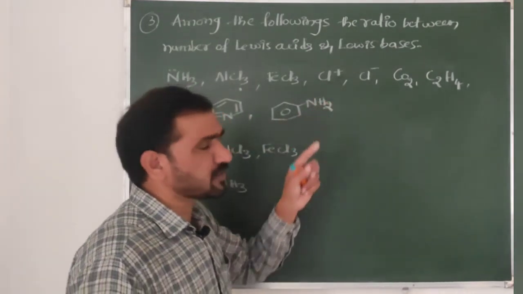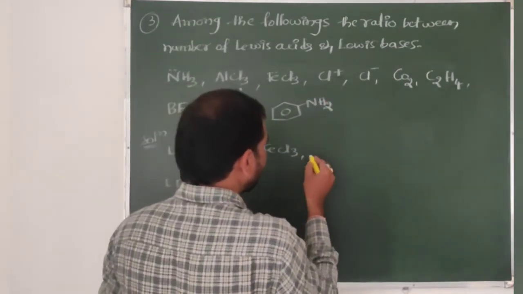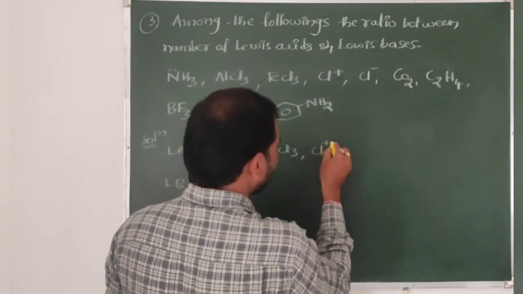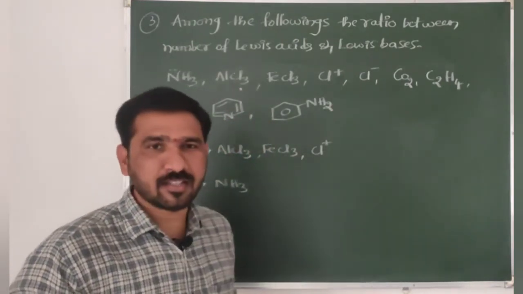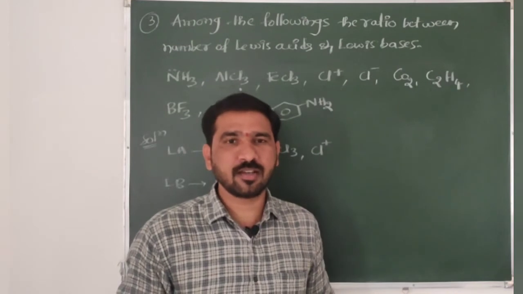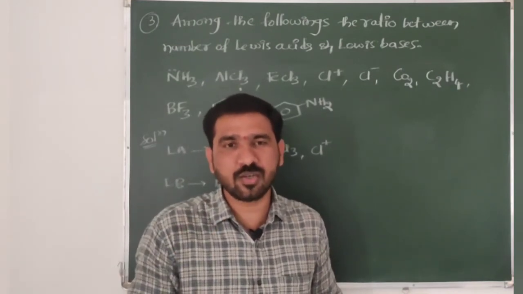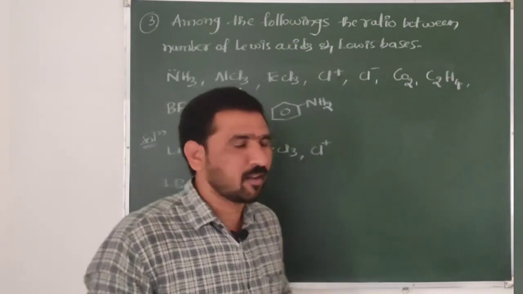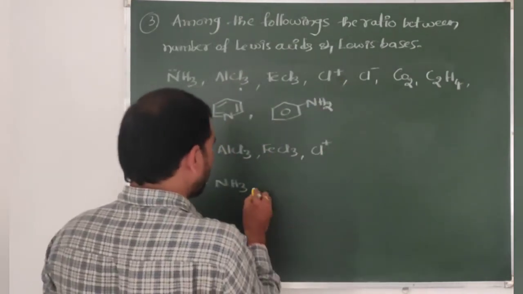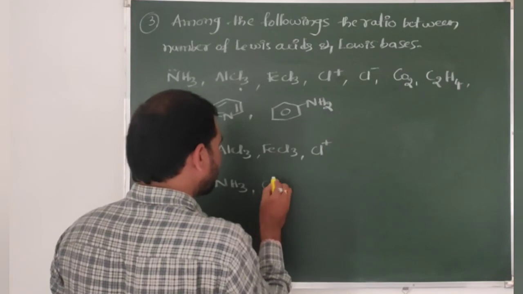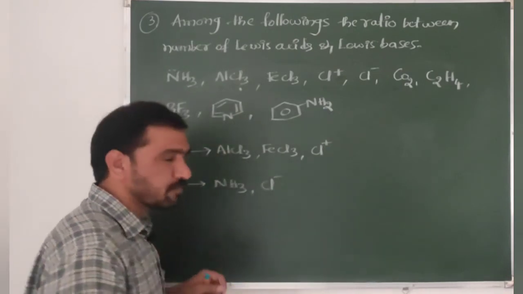So this is an electron pair acceptor, that is under Lewis acid. Then coming to Cl minus, negative charge means a pair of electrons is ready for donation to an acceptor, that is the electron pair donor. So Cl minus is a Lewis base.